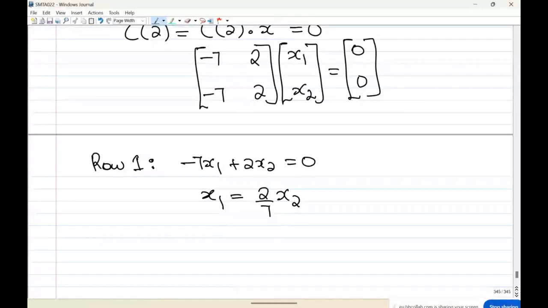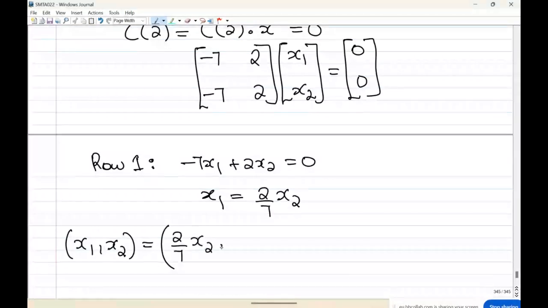Yes. So from this, you don't have to worry. We must solve for x1 and x2. X1 we know is 2 over 7 of this x2. What is x2?